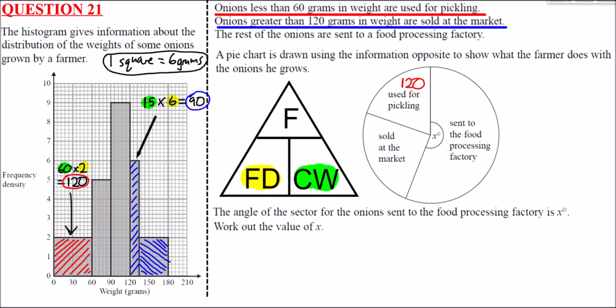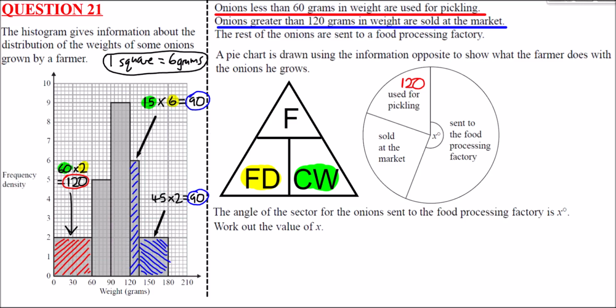We also need to do it for this bottom bar as well. This one goes from 135 to 180. So the class width of that one is 180 minus 135, which gives us 45. And the density of this is 2. So 45 times 2, that also gives us a frequency there of 90.